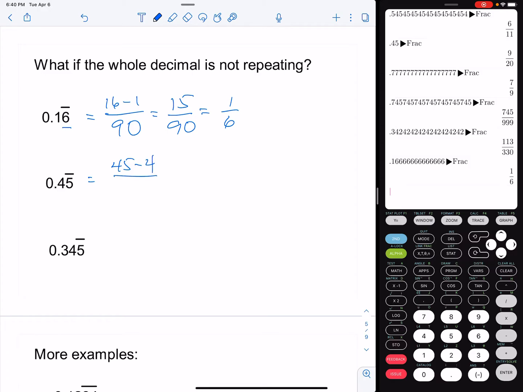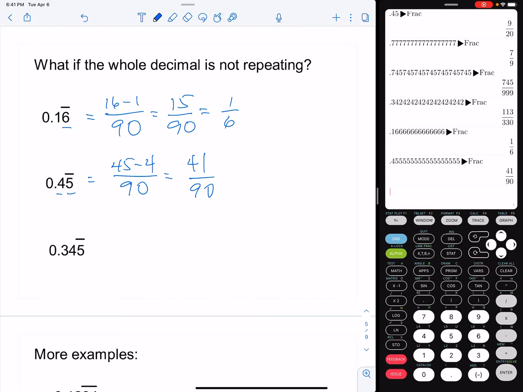We're going to put that over, one digit repeats, one digit doesn't repeat. So it's 45 minus 4, which is 41, over 90. So then we come over to the calculator, 0.4555555555, math, enter, enter. And you find out that that one is already in simplest form.